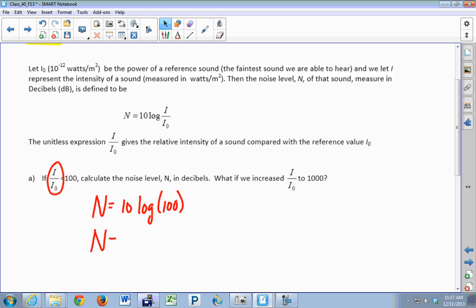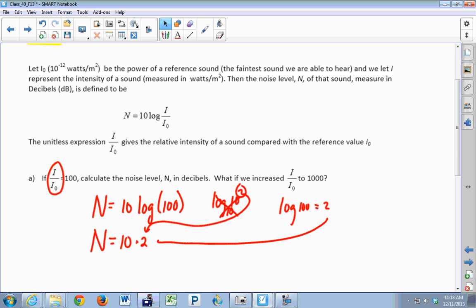We know that the log of 100 is log base 10 of 100. How many zeros are after the 1? 2, because 100 is 10 squared. Log base 10 of 10 squared. These guys undo each other, we just bring down the exponent. So the log of 100 is equal to 2.